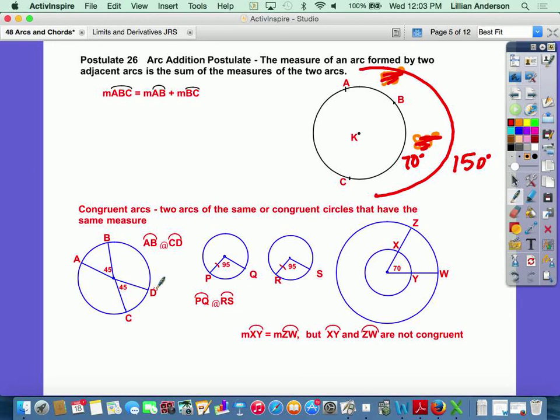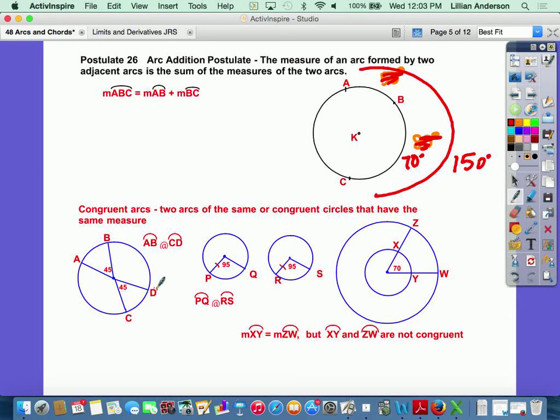If they have the same central angle, you see these with 95 degrees, that means that arc PQ is congruent to arc RS. Or when you have one circle within another circle, what is that called? We talked about this Monday. Concentric circles. When one's within another, you see how they both have the same central angle of 70 degrees? That means that arc XY is congruent to arc ZW.